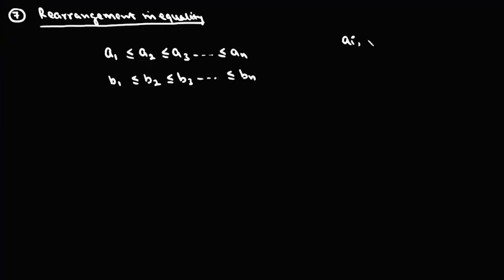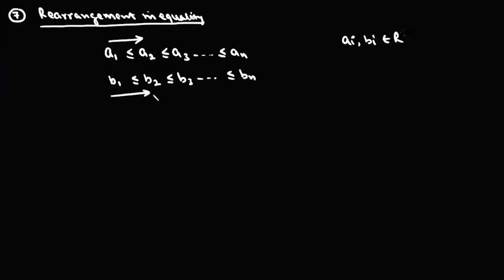Suppose we have two sequences, A1 is less than or equal to A2 is less than or equal to A3 and so on up to AN. In the same way, we have another sequence, B1 is less than or equal to B2 is less than or equal to B3 up to Bn. So we have two sequences, Ai and Bi, and in this case they are both arranged in ascending order.